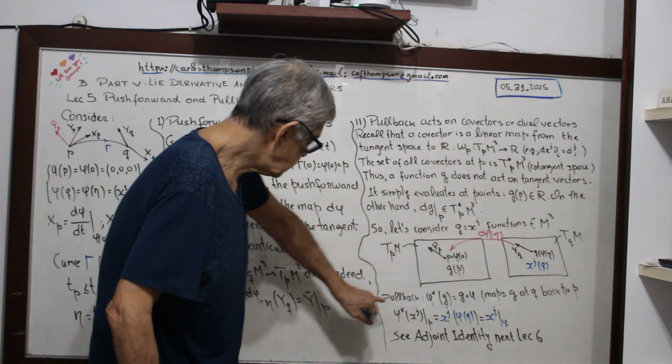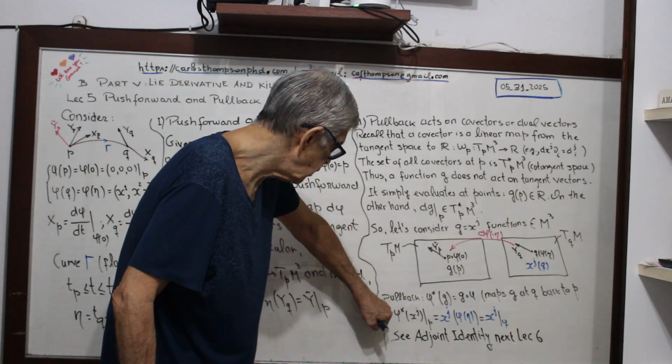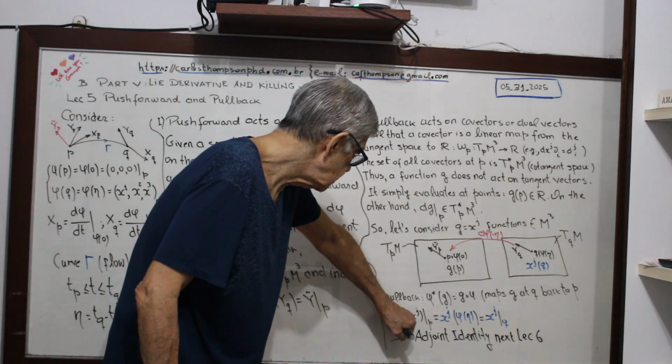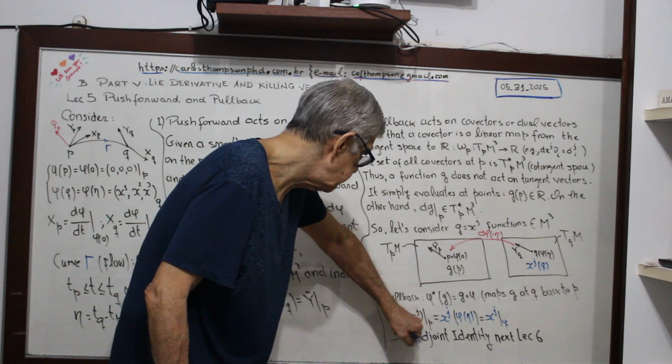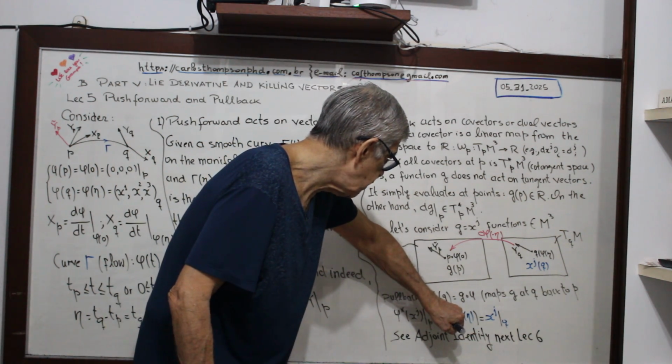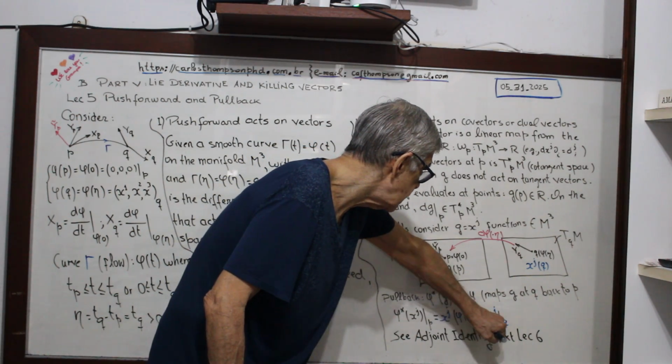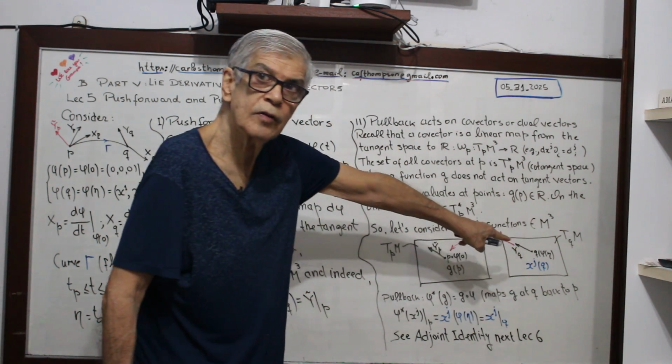I write this symbol here, which means a pullback of xj: xj at p, xj of phi of eta, leads to xj at q.